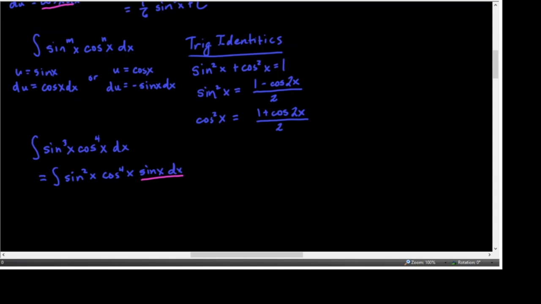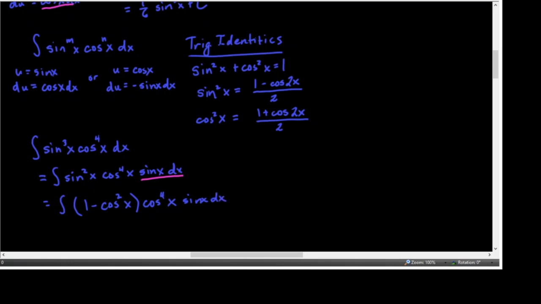So what that means is that we're using the second situation where u is cosine x. So the sine squared here needs to be written in terms of cosine of x. And the only way to do that I can think of that will work is to use the Pythagorean identity. Sine squared x is replaceable with 1 minus cosine squared x times cosine to the 4th of x times sine of x dx.